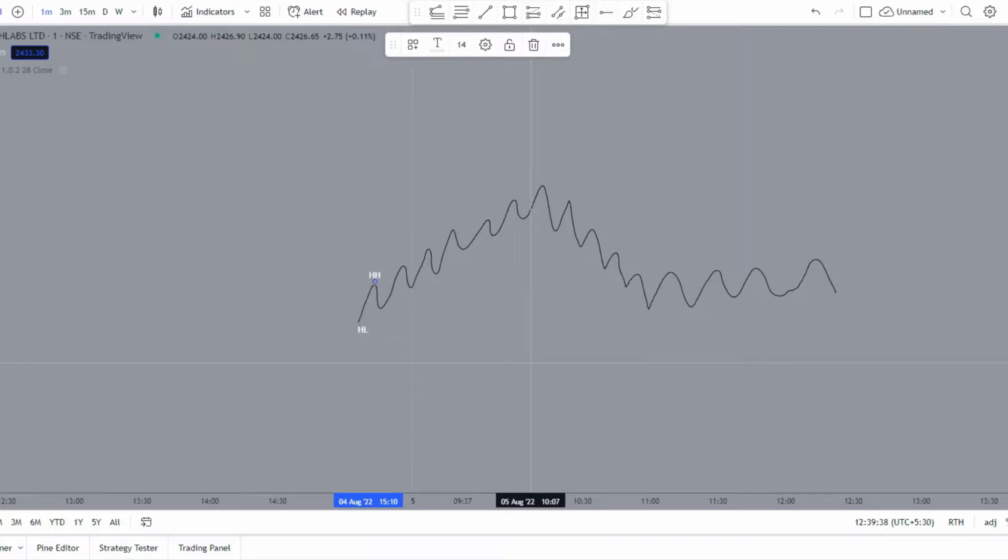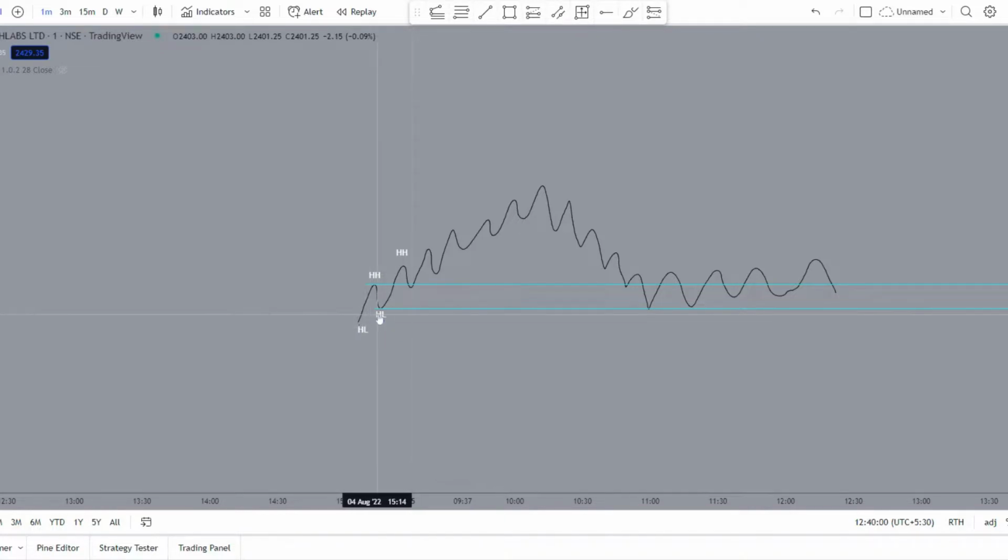In the same way, once this high has been broken, we are yet to find another high. Now our higher low has changed to this point. Why higher low? Since this low is higher than the previous low which was established.